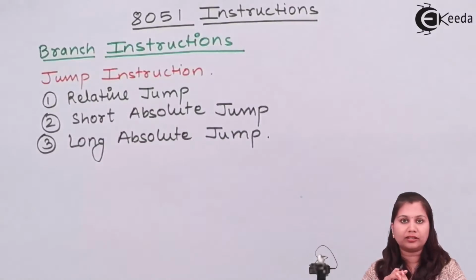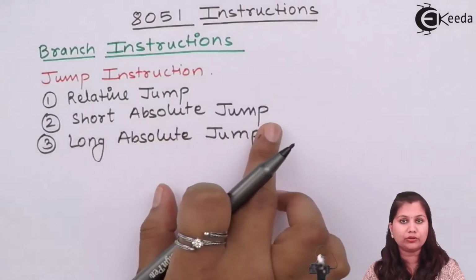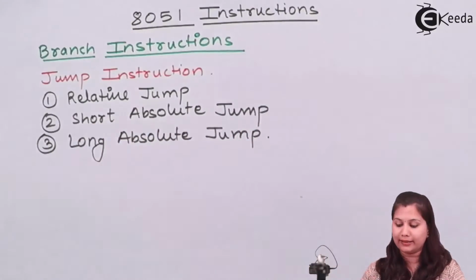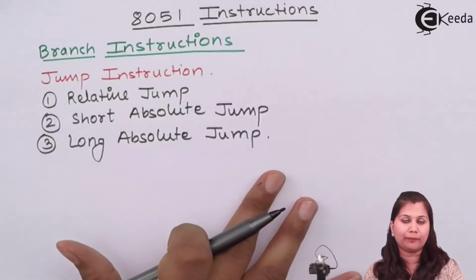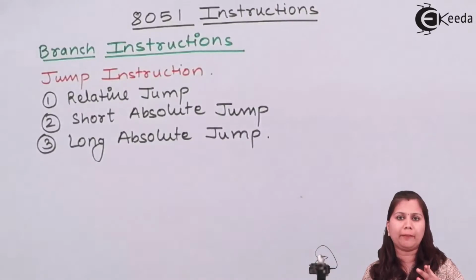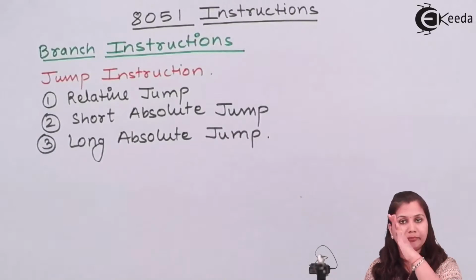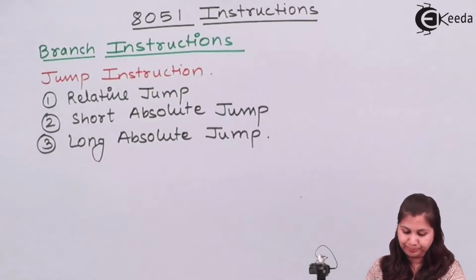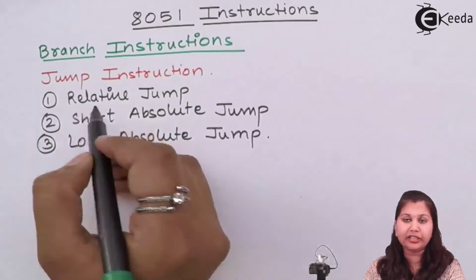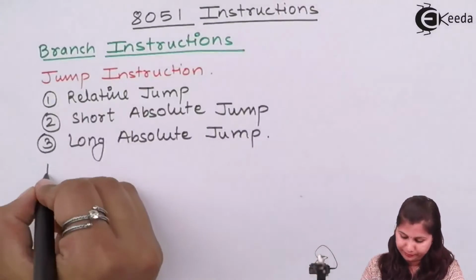If the jump is a short jump, it will be called short absolute jump. If the jump is long, then it is called the long absolute jump. So this all depends upon the range in which the microcontroller has to jump to that memory location. First we will study the relative jump instruction.